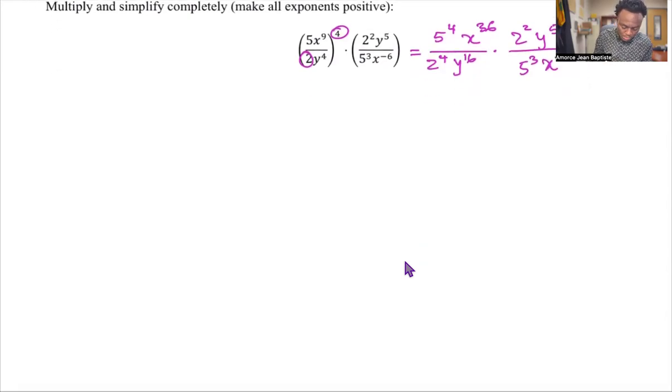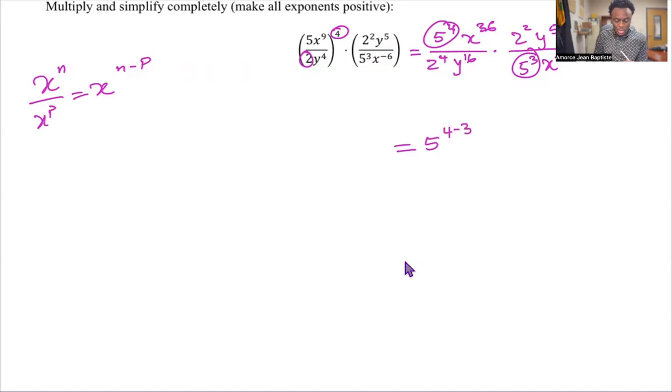Now we're going to simplify using the same property, that x exponent n over x exponent p equals x exponent n minus p. So let's start with the 5s. 5 to the 4th, 5 to the 3rd in denominator, so that becomes 5 to the 4 minus 3, right?